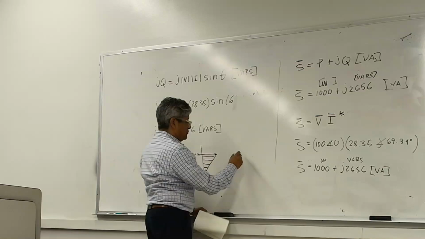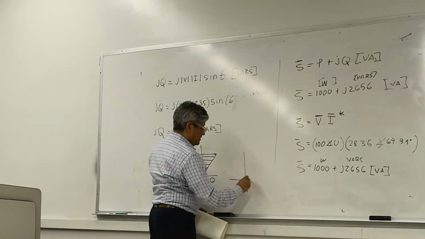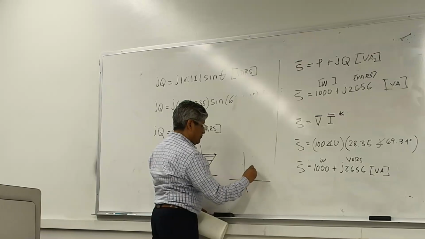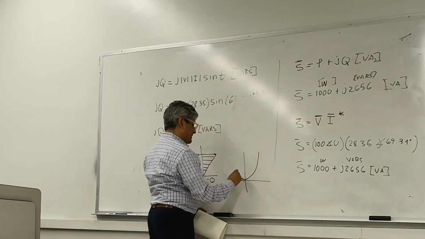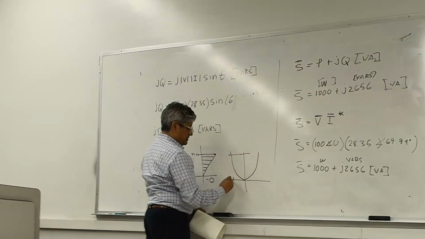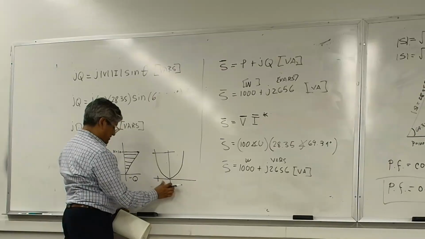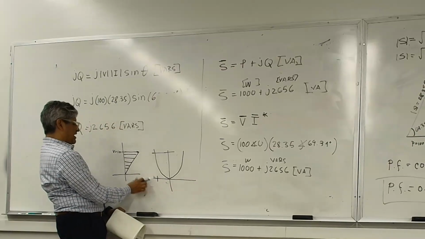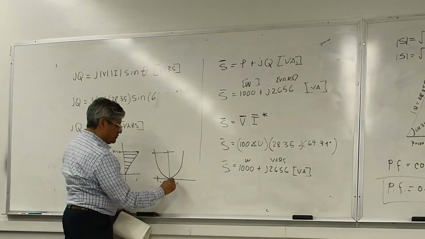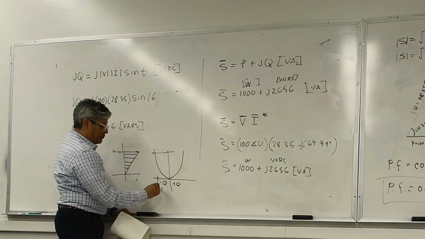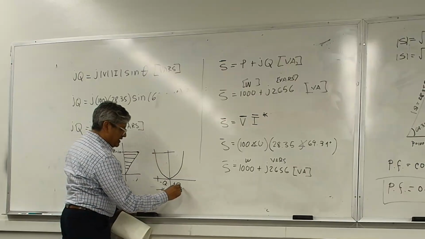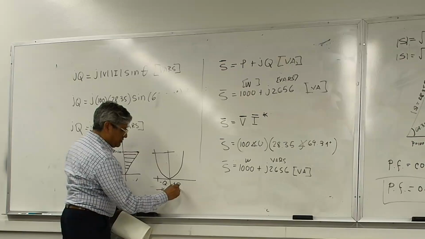synchronous machines, synchronous motors or generators? If you look, they look more like this. Here's the voltage. Here's plus, I'm sorry, I should have drawn that on the other side. It's minus Q, plus Q. So this synchronous machine can be a capacitor, and it can be an inductor.